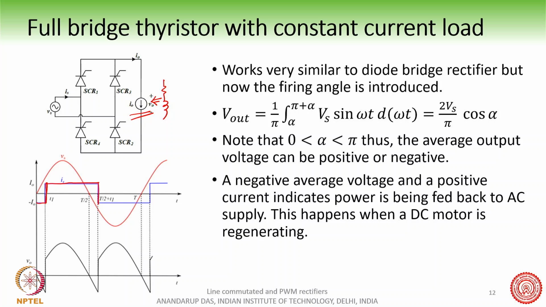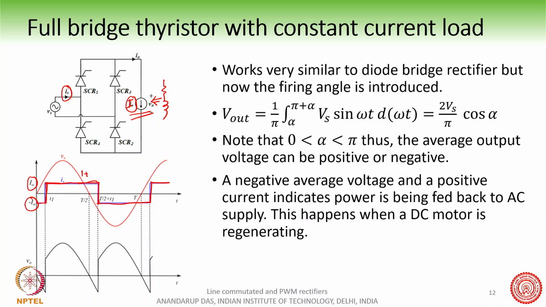Okay, fine. And so this is the source current waveform, I_S, because this current is constant of magnitude I0. This is the magnitude I0 and minus I0, and so the diagonal thyristors are conducting, and therefore in one cycle these two thyristors 1 and 2 are conducting.